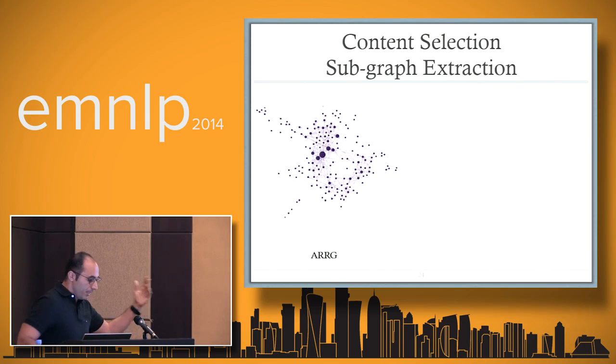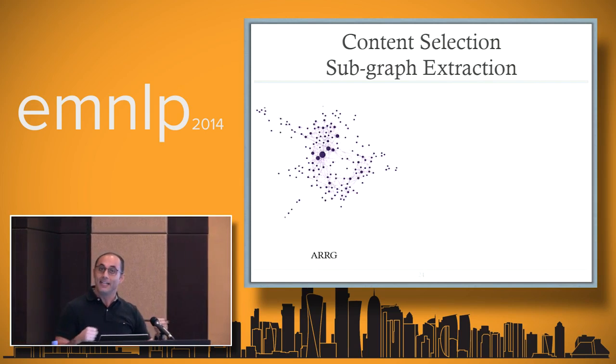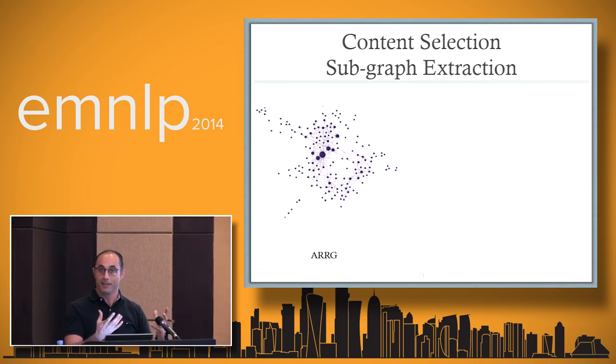At the same time, edges are weighted by how strong and how frequently they link our aspects together. So in content selection, we want to select a subgraph that shows us the important aspects and, at the same time, the very heavily linked or associated aspects.